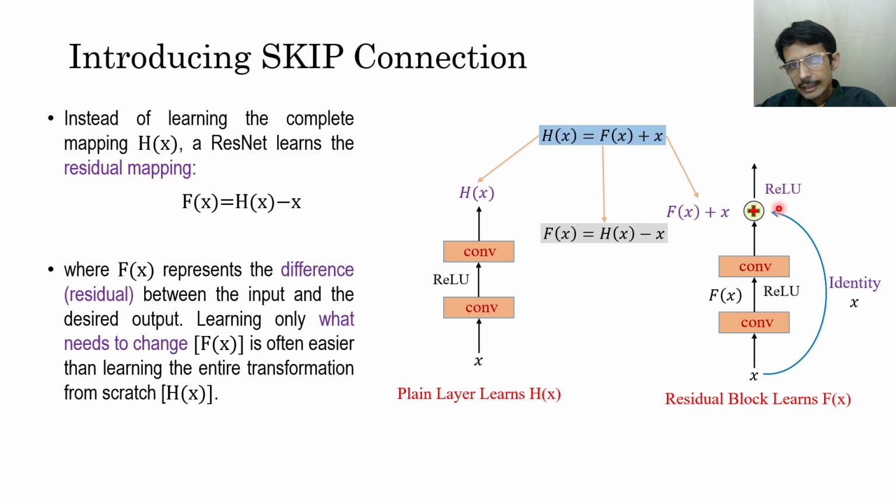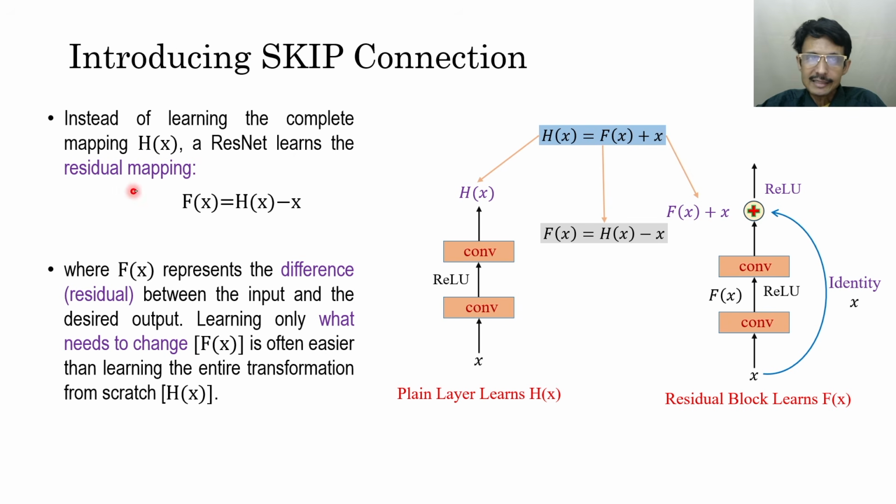Now this Hx for this ResNet: what is this? Hx here is Fx plus x. Here we actually model Fx, and now Hx we can write as Fx plus x. So the question is what ResNet is basically going to model: that Fx.